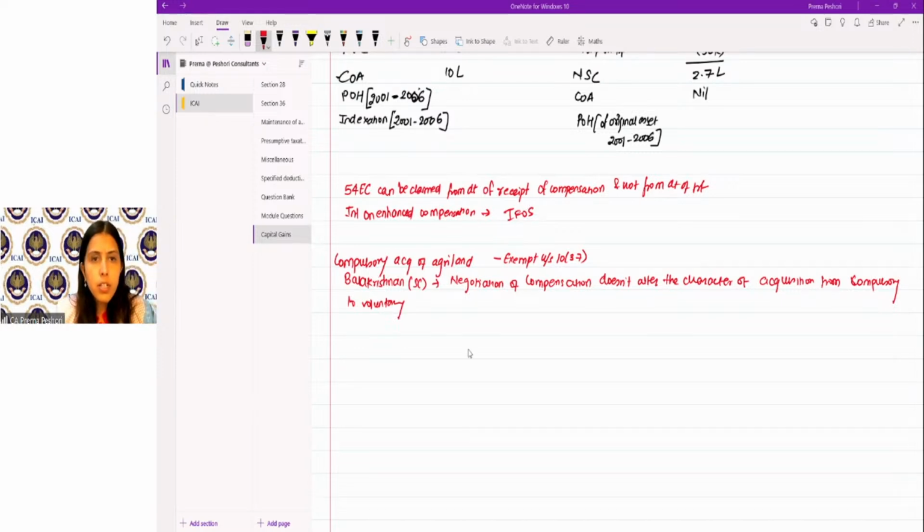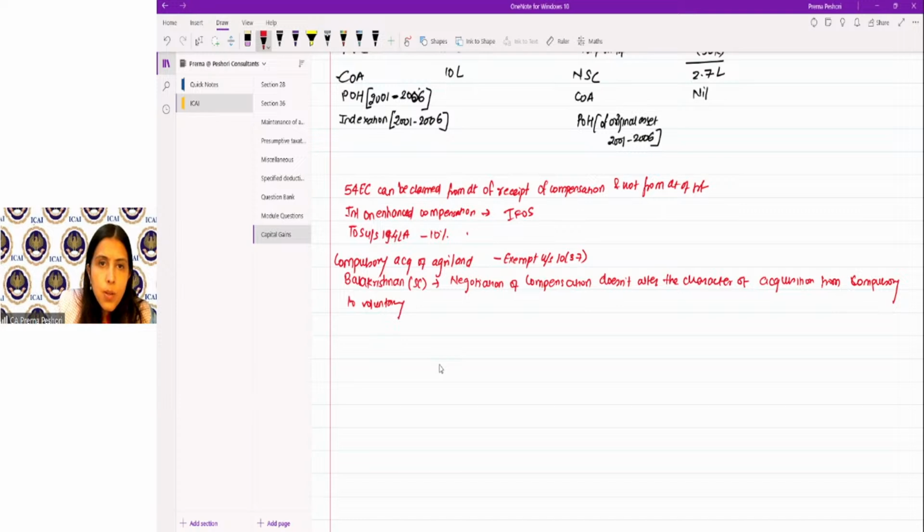So here you can write it down. TDS under section 194LA: any person who is paying to a resident any compensation or enhanced compensation for the compulsory acquisition, other than of course agricultural land, shall deduct 10% TDS.